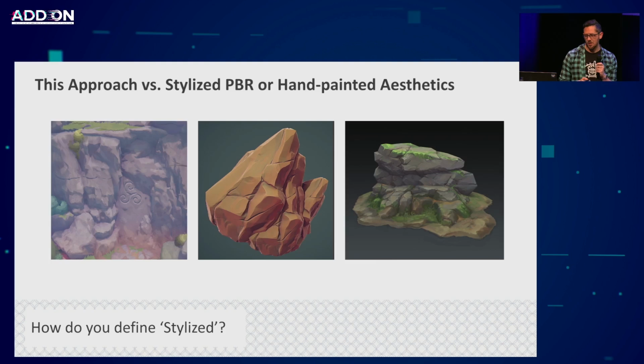And particularly when it comes to the hand-painted stuff, it looks fantastic. That rock on the right-hand side is really a beautiful piece of work, but it really only works its best in specific lighting conditions. It will look fantastic from specific angles and when the lighting is relatively neutral. But when you want to shift things around in terms of the lighting or the camera, it might not hold up as well.